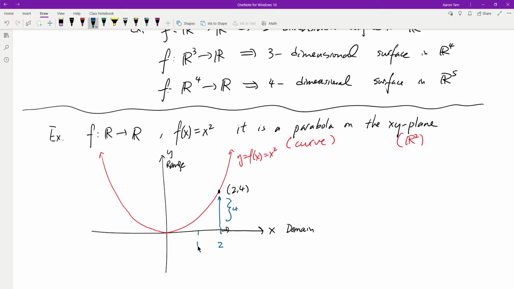If I pick the point 1, it goes up by 1. 0 doesn't do anything. If I pick -1, it goes up by 1 to this point. If I pick -2, it goes up to (-2, 4).